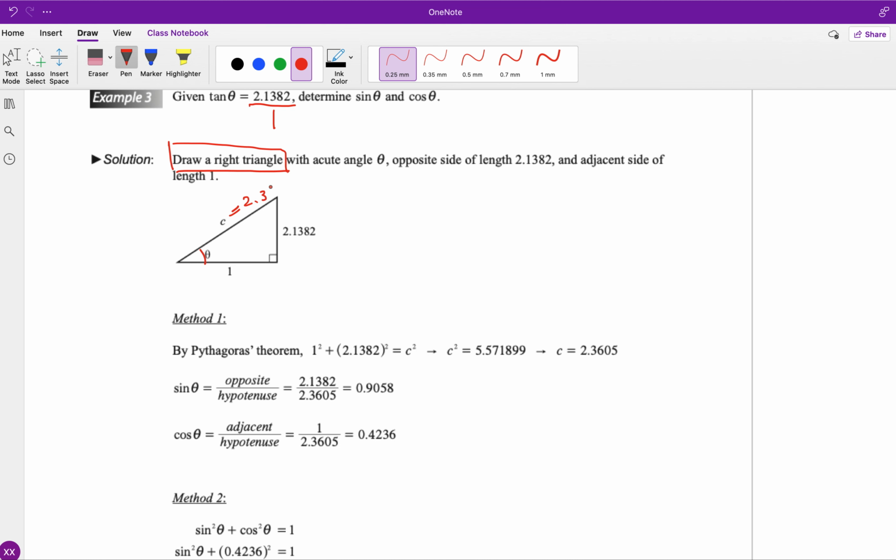Now from here, sine is the opposite over hypotenuse, and cosine is the adjacent over hypotenuse. Done. All right, then there is this exercise set that you can now start having fun with. All right. Thank you for watching.